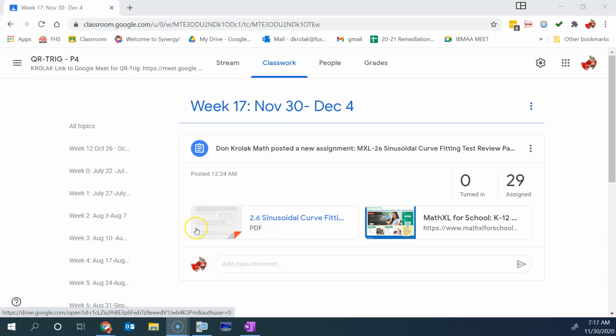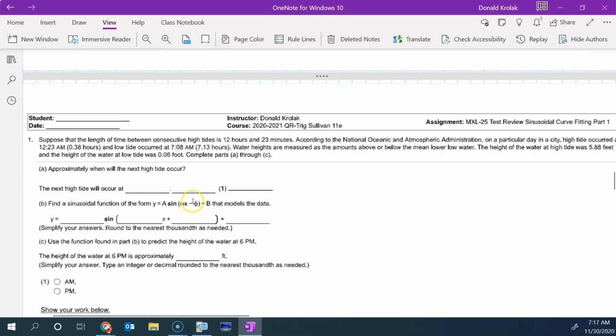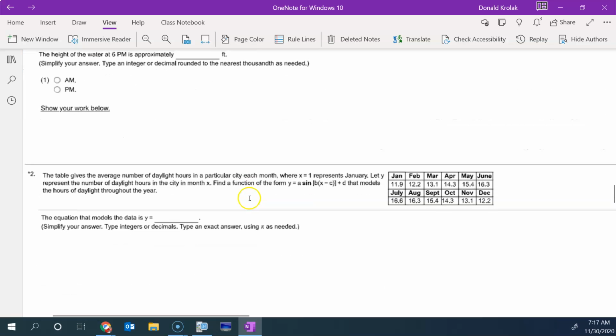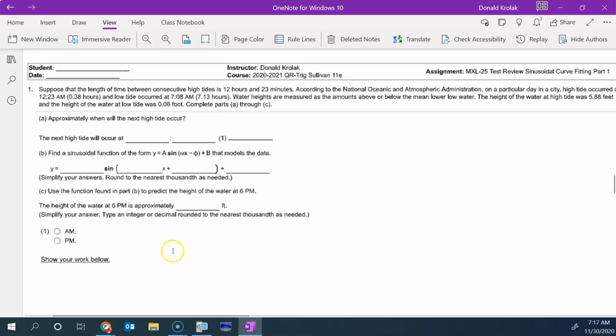You'll see a real similar question to this on Math Excel, and this was just meant to help you understand how to work through it. You got 2 questions on your assignment, one having to do with tides and the other having to do with the number of daylight hours, where you have to come up with a model and then use that model to make some predictions.